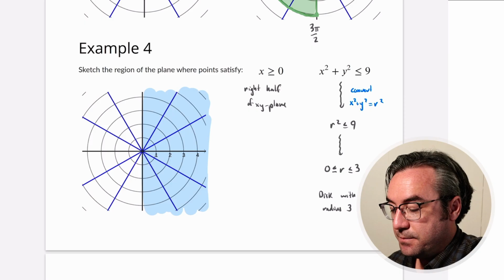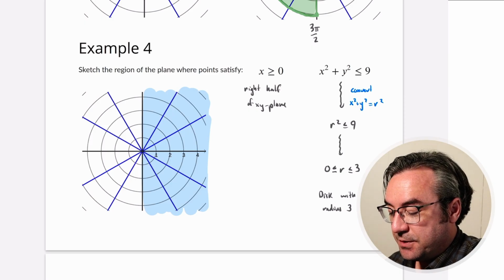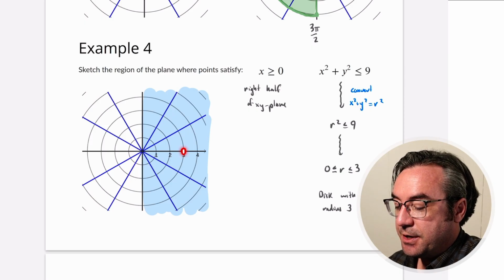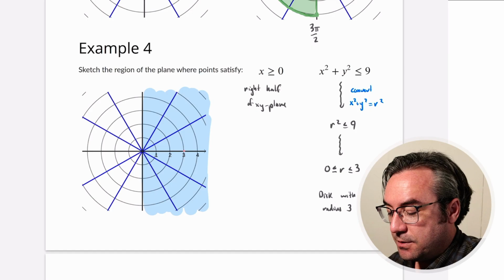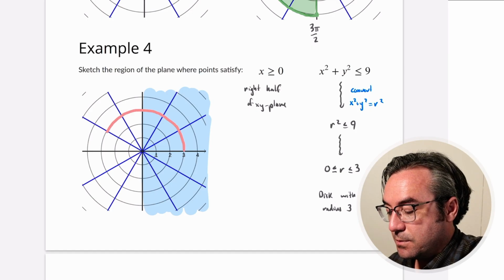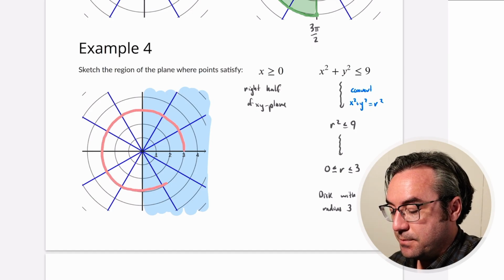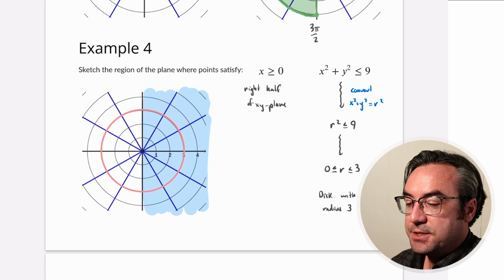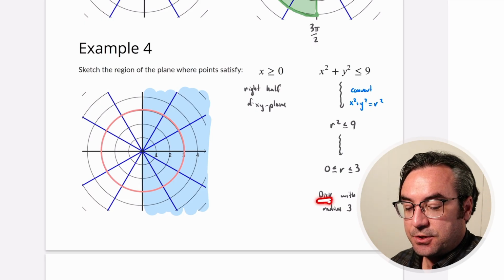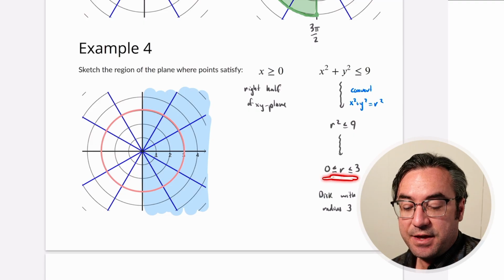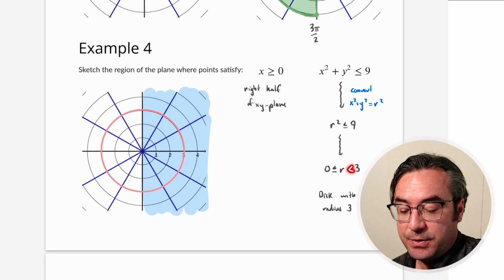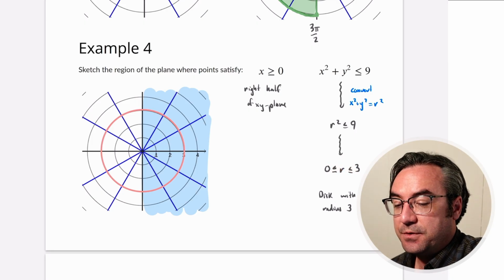Let's find the circle of radius 3. So here's 3 units away from the origin, and then we look at the circle going around. And it's not just the circle. This inequality is describing everything inside the circle as well, so we're going to fill this in.